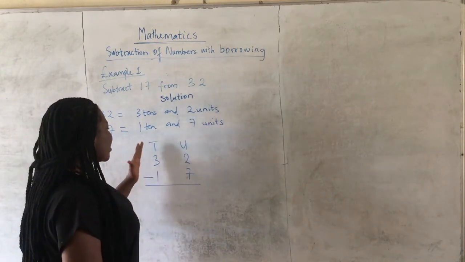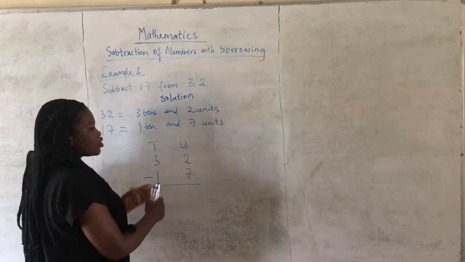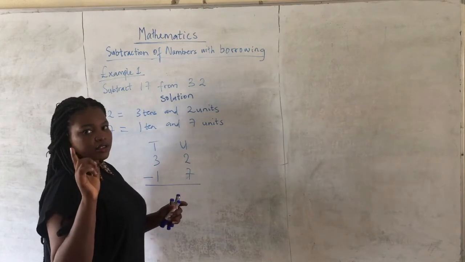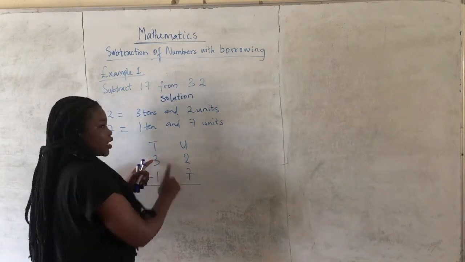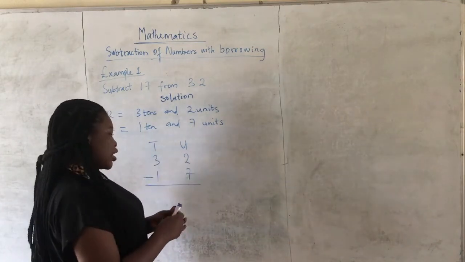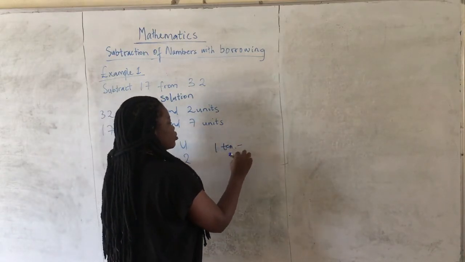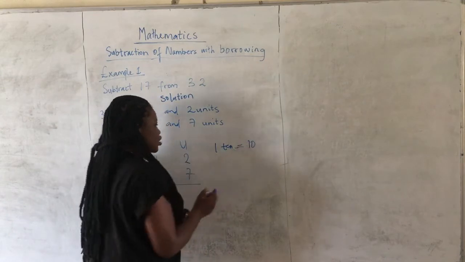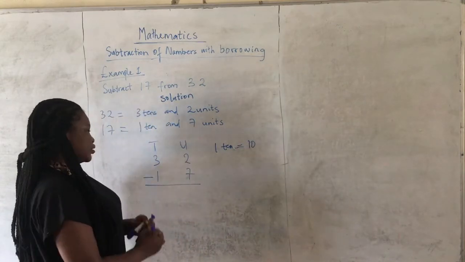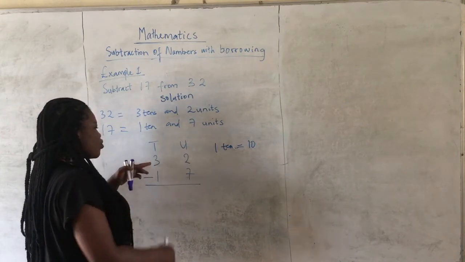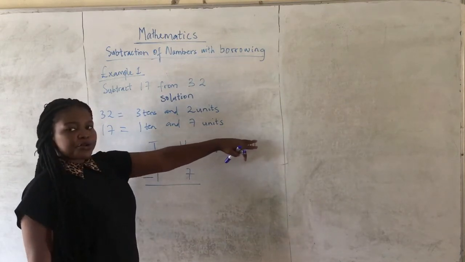Remember this is the tens column, so anything you get from here is in tens. If you borrow 1 from here, that is 1 ten, and 1 ten is equal to 10. So if you're borrowing 1 from 3 tens, you are borrowing 10.